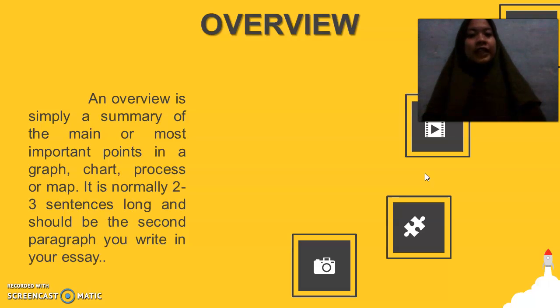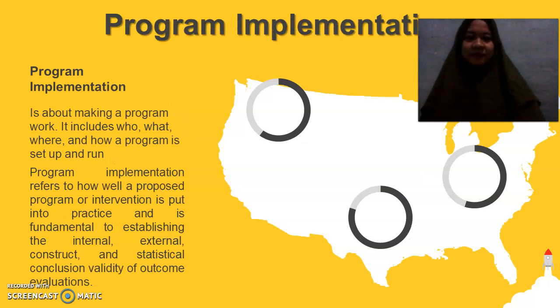It is normally 2 to 3 sentences. It may not be 6 or 7, but it can be 4 or 5. It is the important point, so we should make it clear and simple so that the reader can know the point.